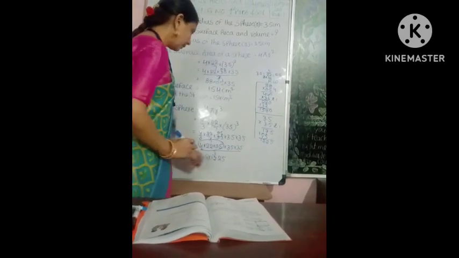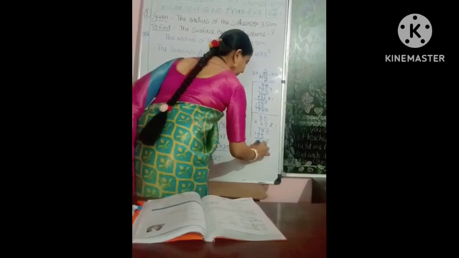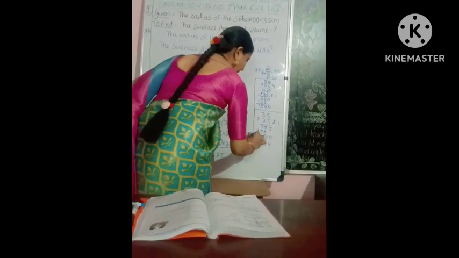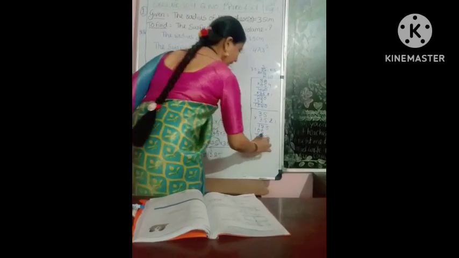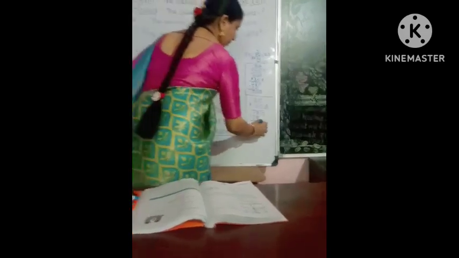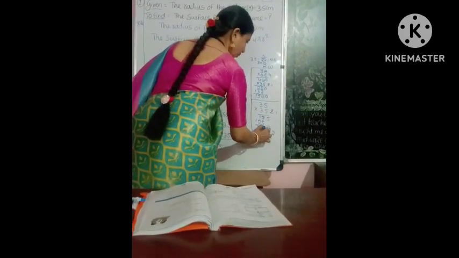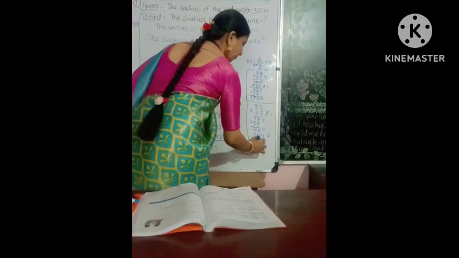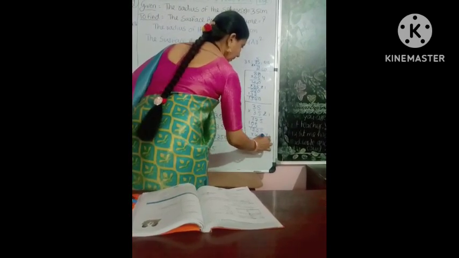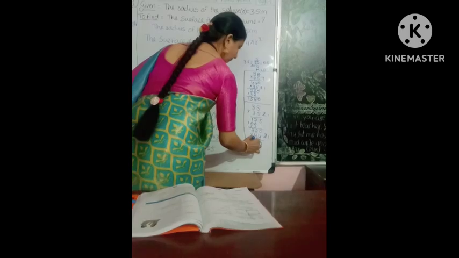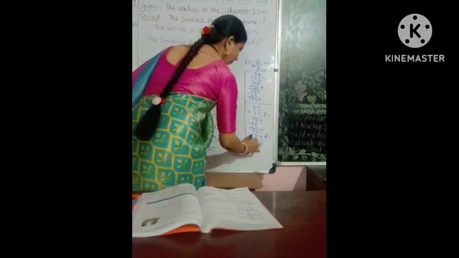Then again, further multiplication. Here it is 44. Next again, multiplication of these two terms. 4 fives are 20, 4 twos are 8, 8 plus 2 is 10, and 4 twos are 8, 8 plus 1 is 9, 4 ones are 4.